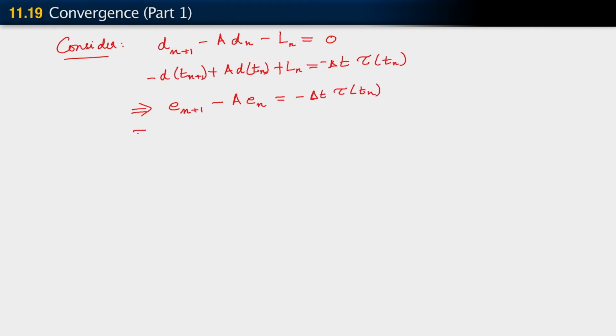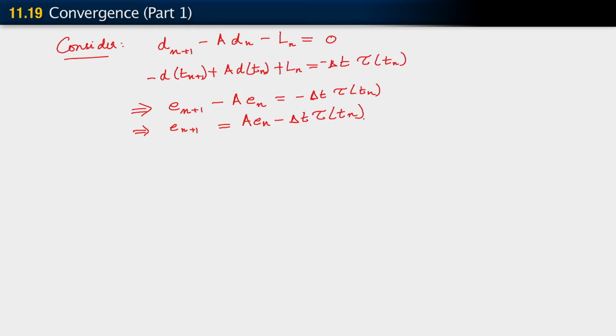I'm going to rewrite this as an expression that will allow me to write out a recursive formula for the error. Error at n+1 equals A times error at n minus delta t tau at t^n.